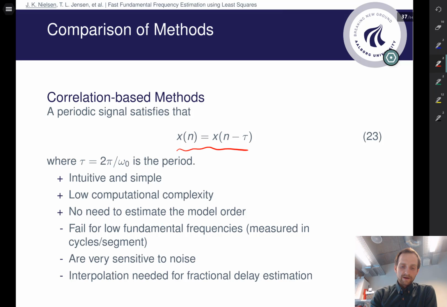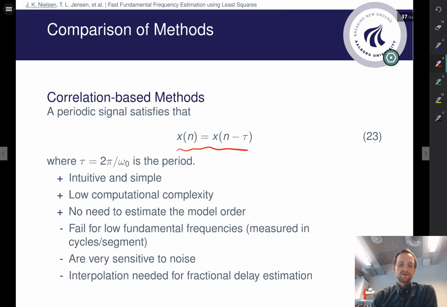So if you shift your signal with some time lag tau here, then the signal should equal itself. That's the underlying principle of both of these methods. This is a very intuitive and simple principle. It's easy to find an estimate, it's fast to compute an estimate of tau here, and we don't have to compute the model order.